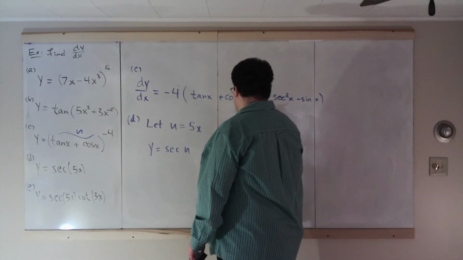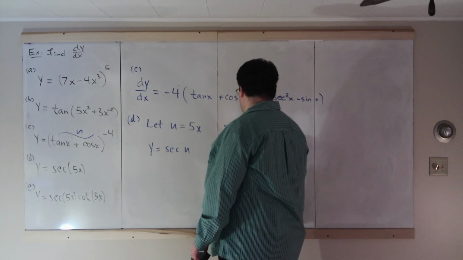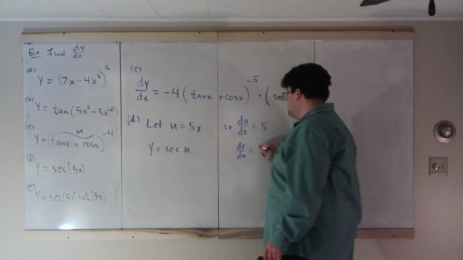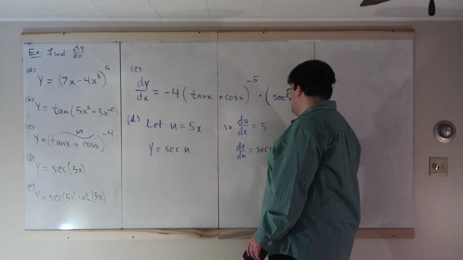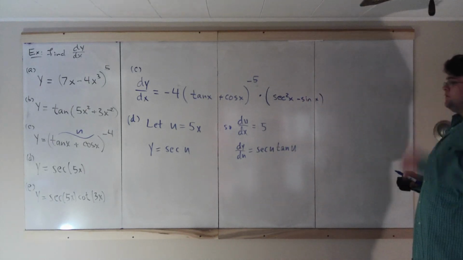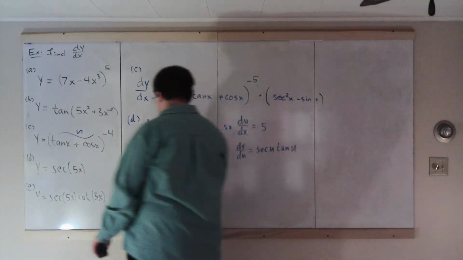So du/dx is 5, dy/du is secant of u times tangent of u.